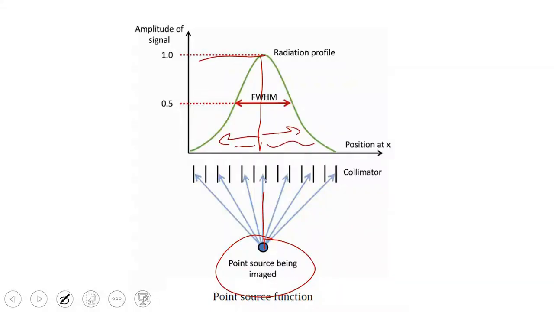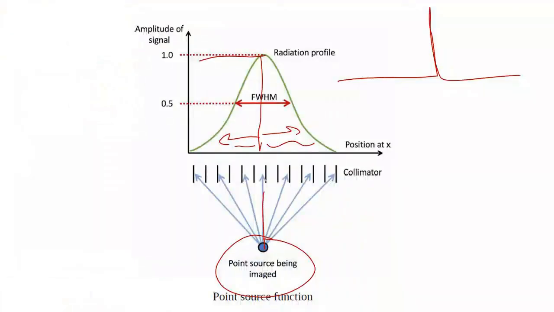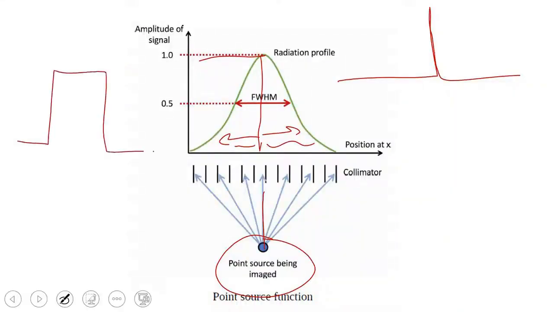And then it goes like this, and then like that. Why didn't it appear sharply like this? Here's the line profile, and at this point, this is where my count is.